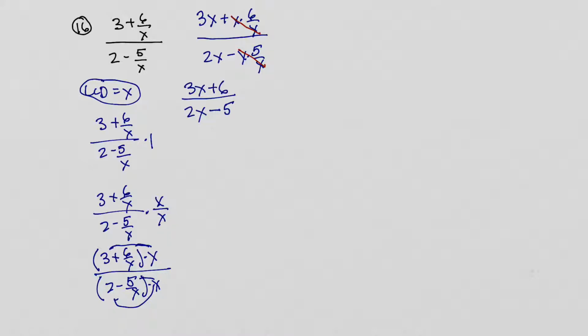So it looks like we're left with 3x plus 6 over 2x minus 5. You can see you can factor a 3 out of the top if we wanted to, but it's not going to go anywhere because we can't factor anything out of that denominator. So let's just conclude that we are done. We're taking this set of computing instructions and rewriting them into this more efficient form right here.